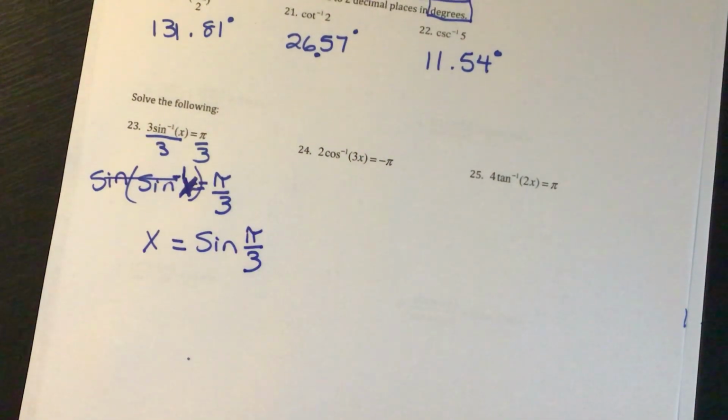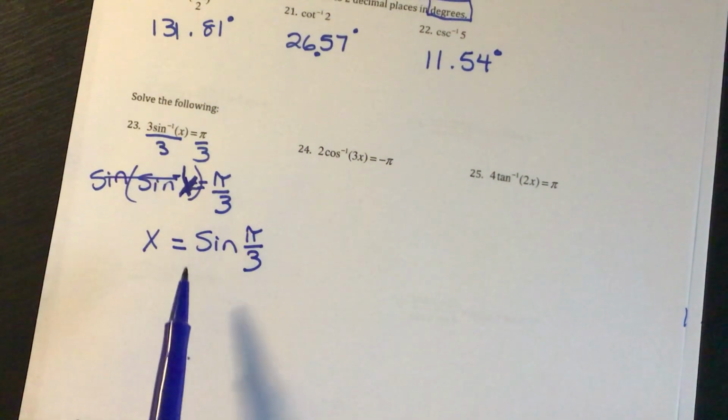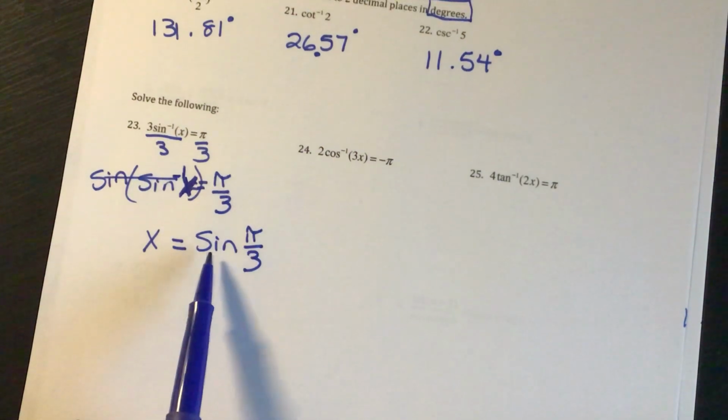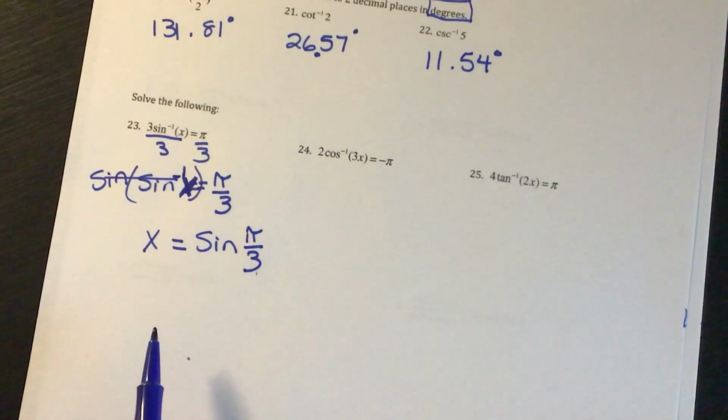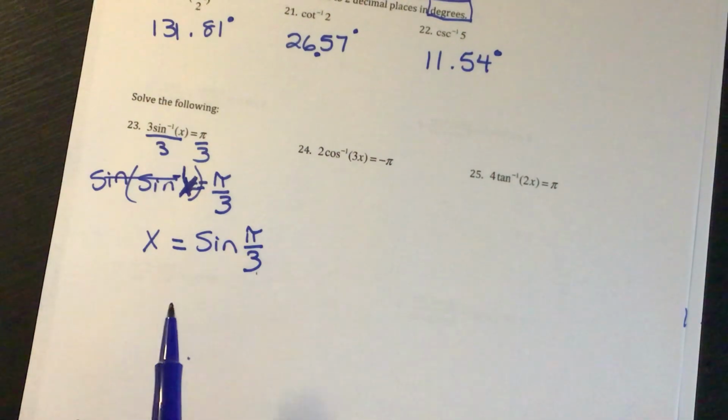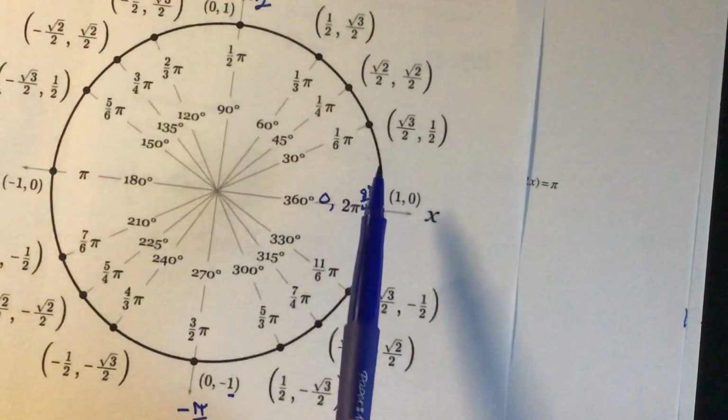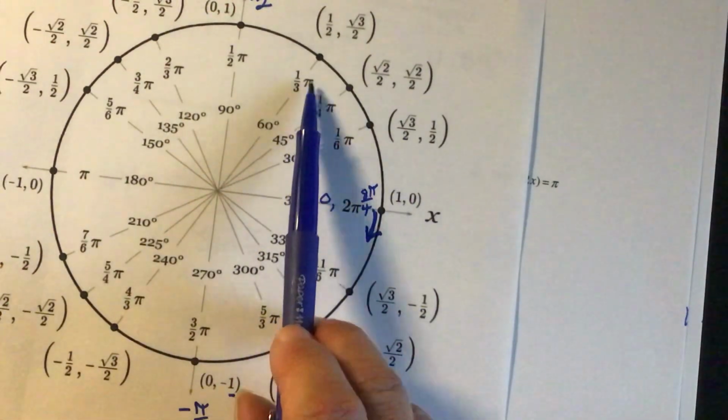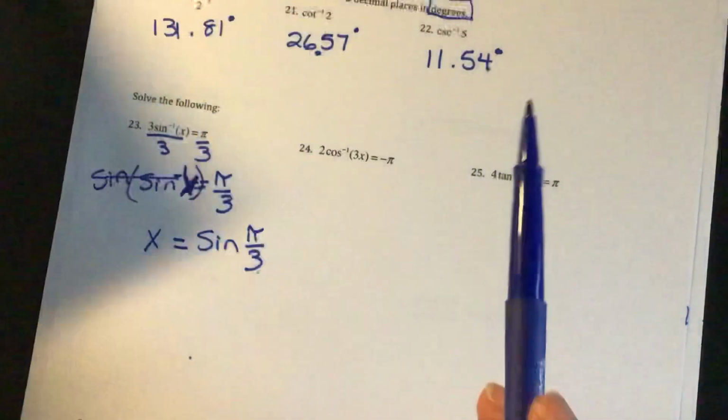Now I just need to find what sine of pi over 3 is. If I look at my unit circle, pi over 3 is right here. The sine is square root of 3 over 2.